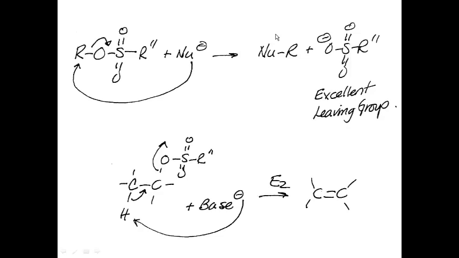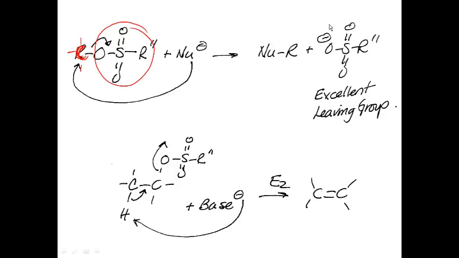And in that case, if we have that sulfonyl ester, we can then have the nucleophile come in and attack the carbon of that R group, and that nucleophile will attack this carbon and kick off this entire sulfonyl ester, and it will leave, and it is an excellent leaving group.